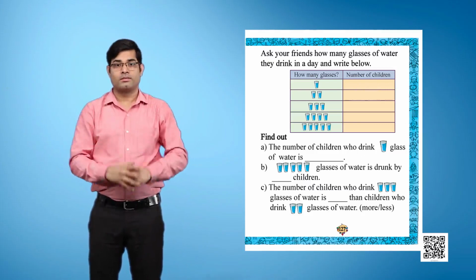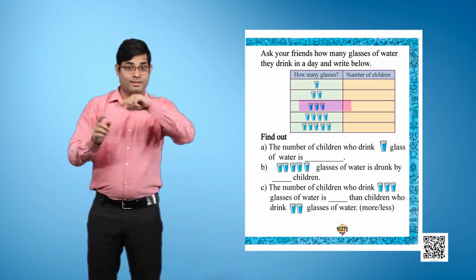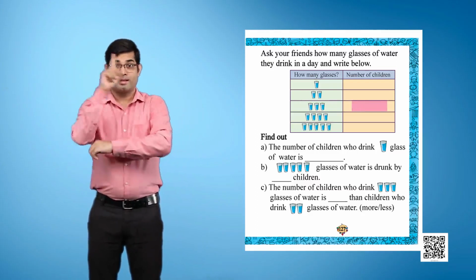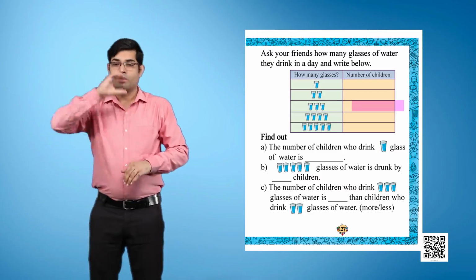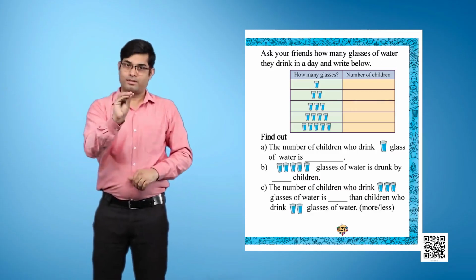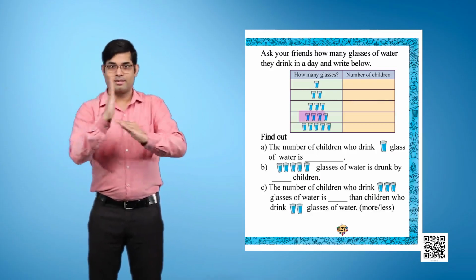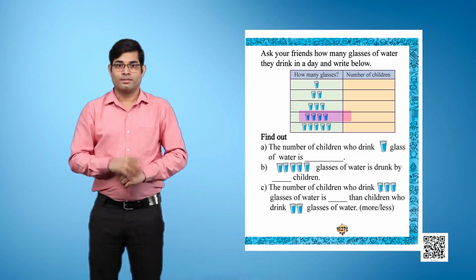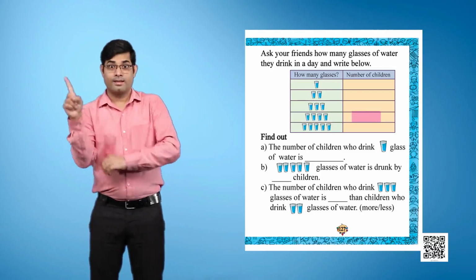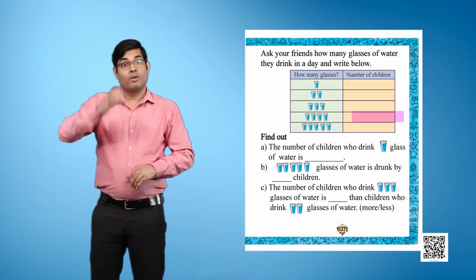Row 3. Column 1 has a picture of 3 glasses of water and column 2 has space for writing number of children who drink 3 glasses of water in a day. Row 4. Column 1 has a picture of 4 glasses of water, and column 2 has space for writing number of children who drink 4 glasses of water in a day.